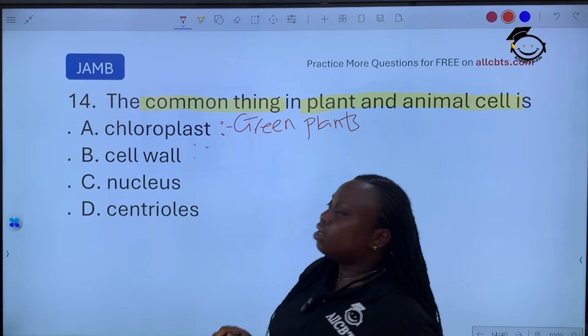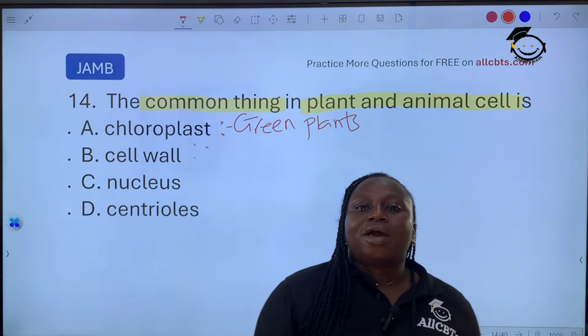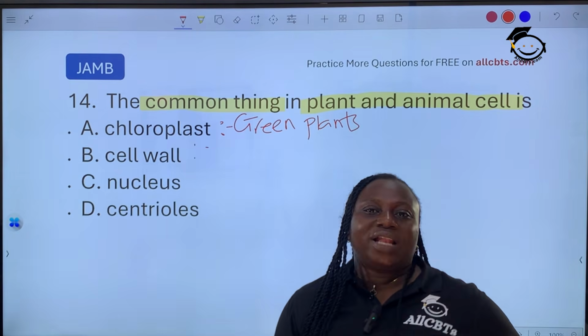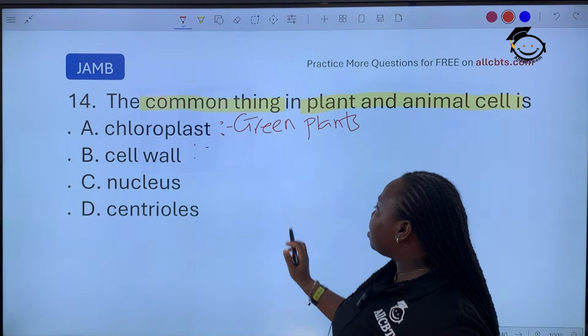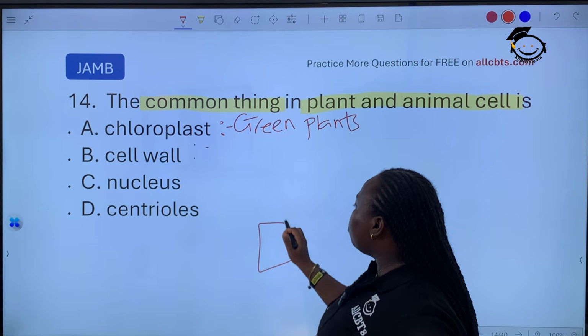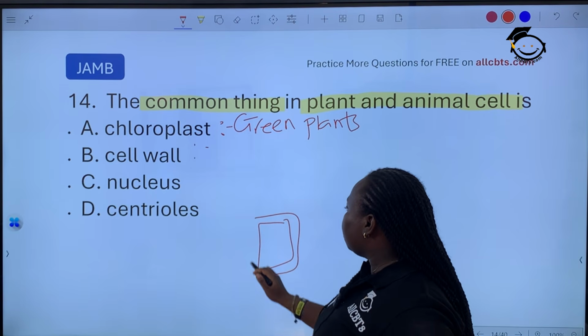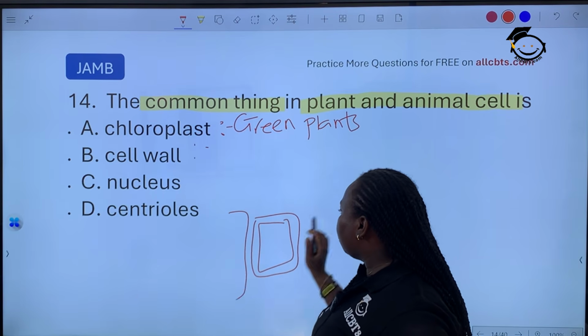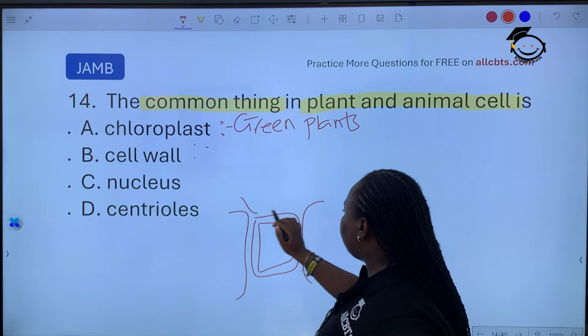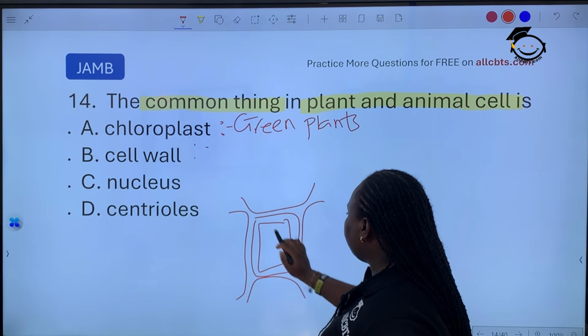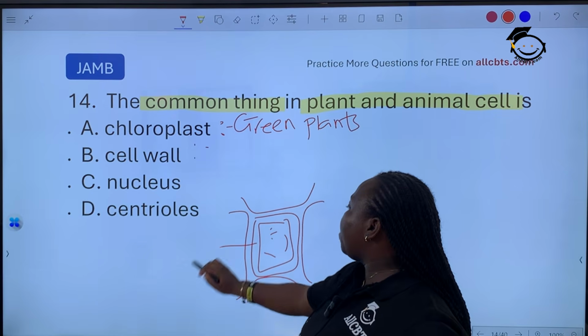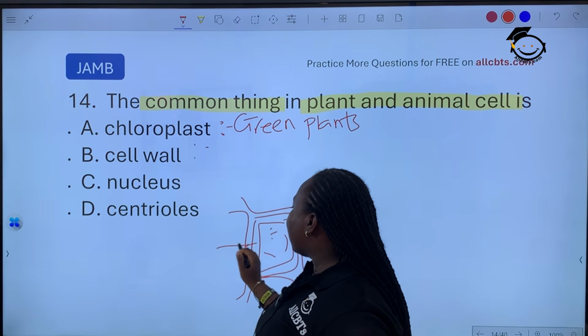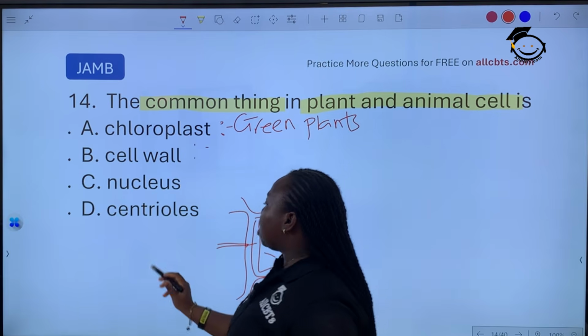Cell wall. When we draw the plant cell and the animal cell, the plant cell will look something like this, and they will label the outermost side as a cellulose cell wall.